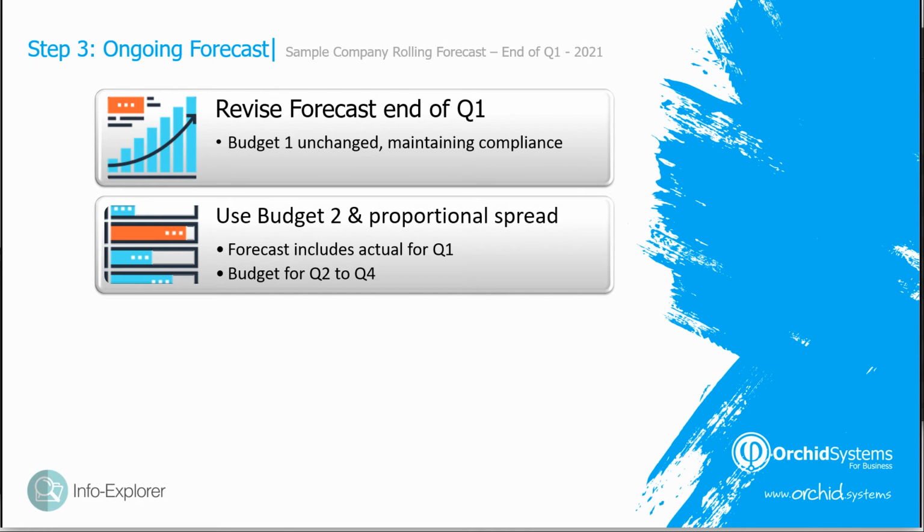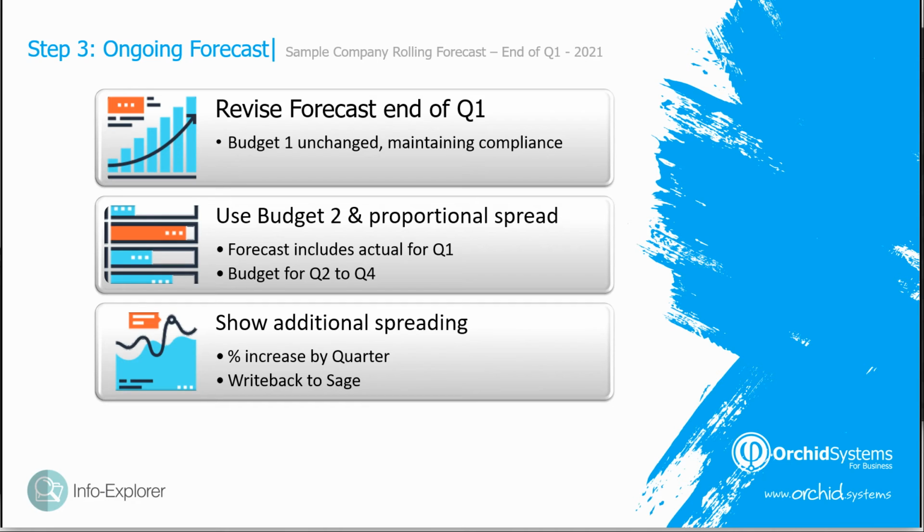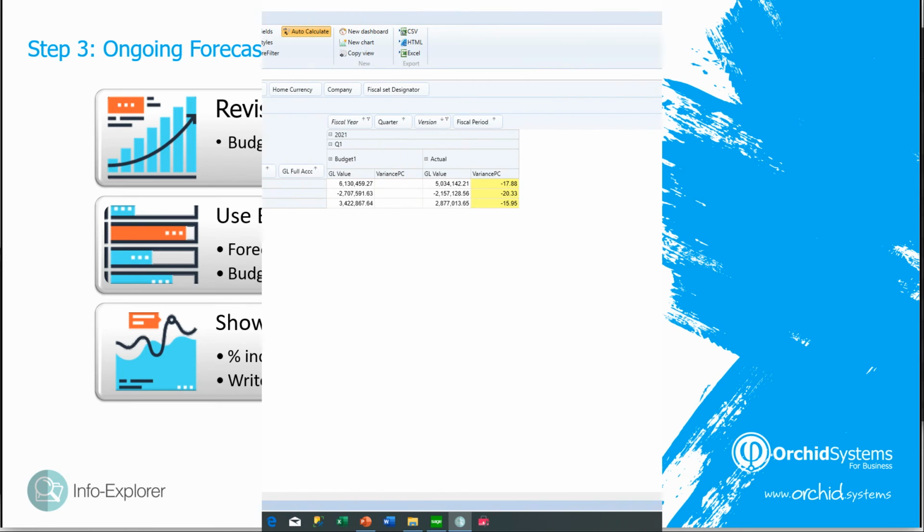And budget set 2 is going to be made up of actuals up to the end of Q1, and then we're going to update the budget for Q2 to Q4. So to do this, we're going to look at some additional spread methods that we haven't looked at yet, and we're again going to write back to Sage for our budget set 2.